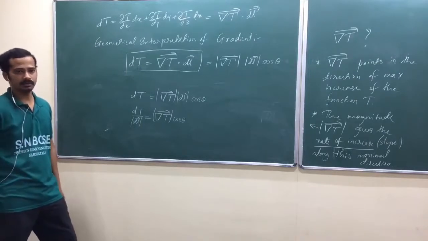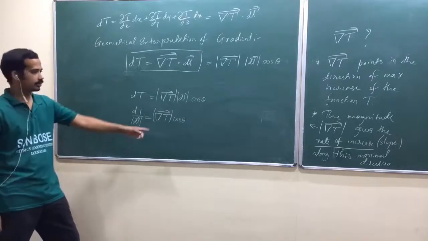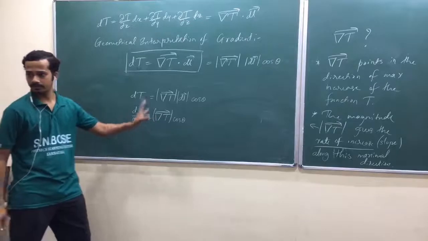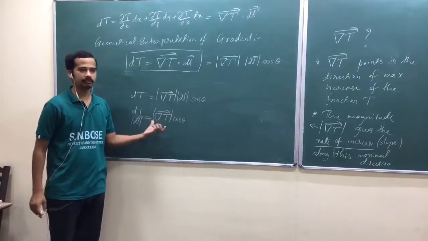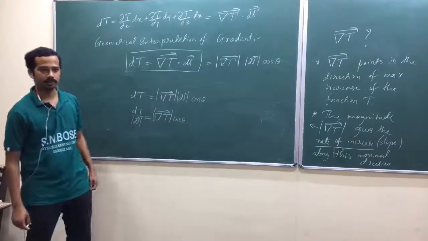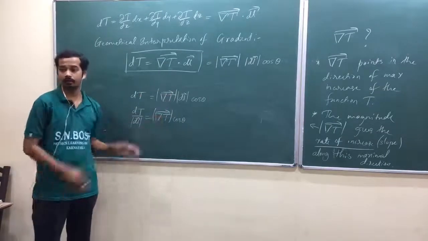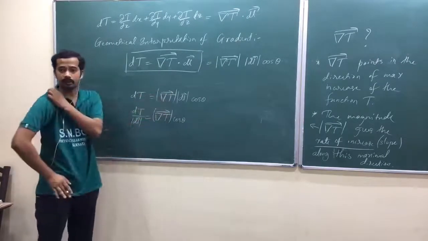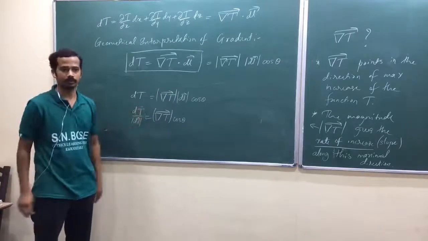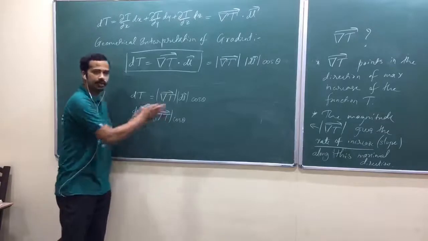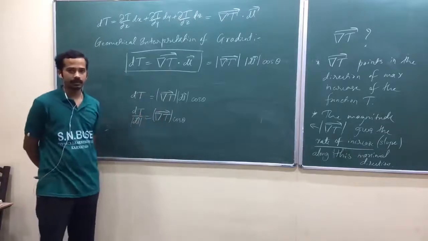Now what is this one? This is other than del T. If theta is other than 0 or 180 degrees, this whole thing is other than the magnitude of the gradient. So usually this is less than the earlier magnitude. The whole magnitude is less than the earlier one, because cos theta ranges from minus 1 to plus 1.